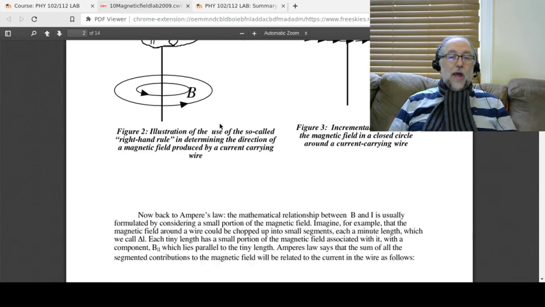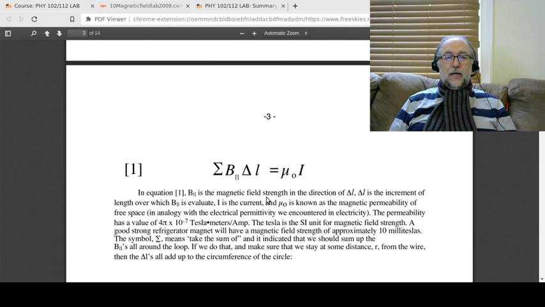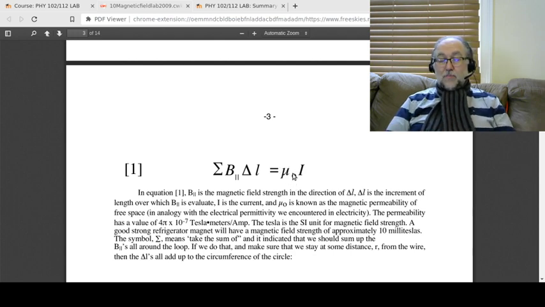Okay, well, not quite. It's equal to the current going through the wire multiplied by this constant right here, and that's mu naught. Okay, and if you've been following my lectures on electricity and magnetism, you know that there's this epsilon naught, which comes up in capacitors. That's the permittivity of free space, and that's for electric fields.